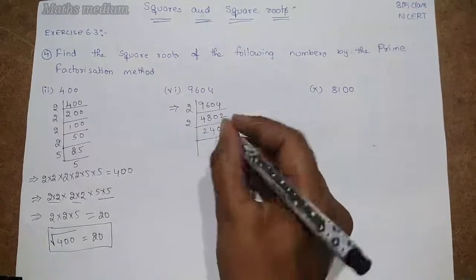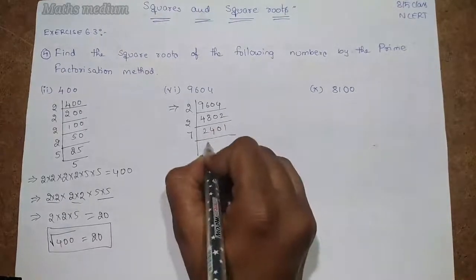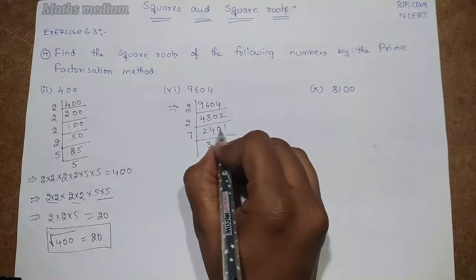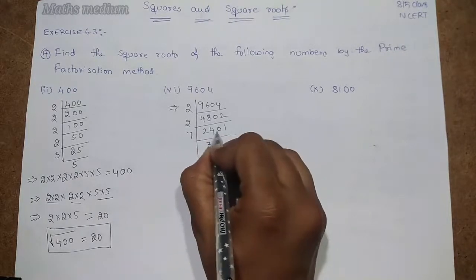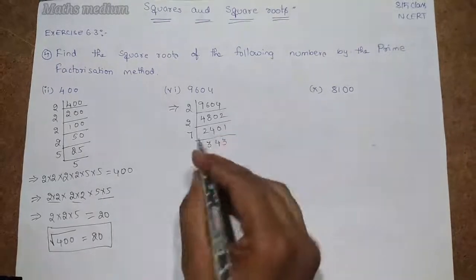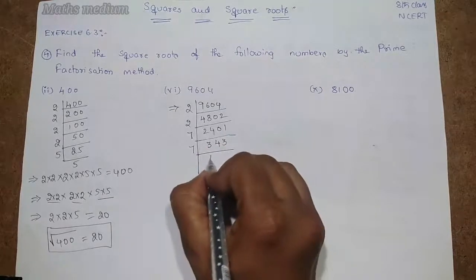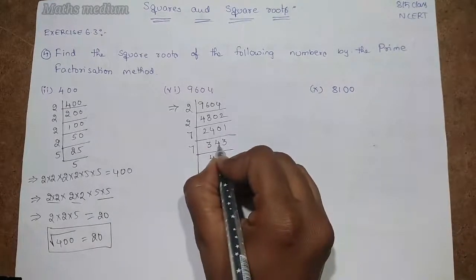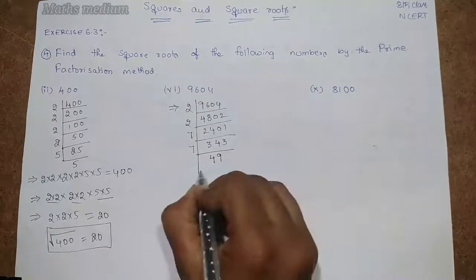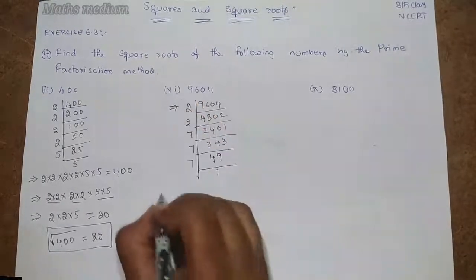Now here we get by 7. 7 3s are 21, remaining 3, 30, 7 4s are 28, remains 2, 21, 7 3s are 21 again. So let's take again 7, 7 4s are 28, remains 6, 63, 7 9s are 63. Here we know 7 7s are 49. So this is the prime factorization for this.